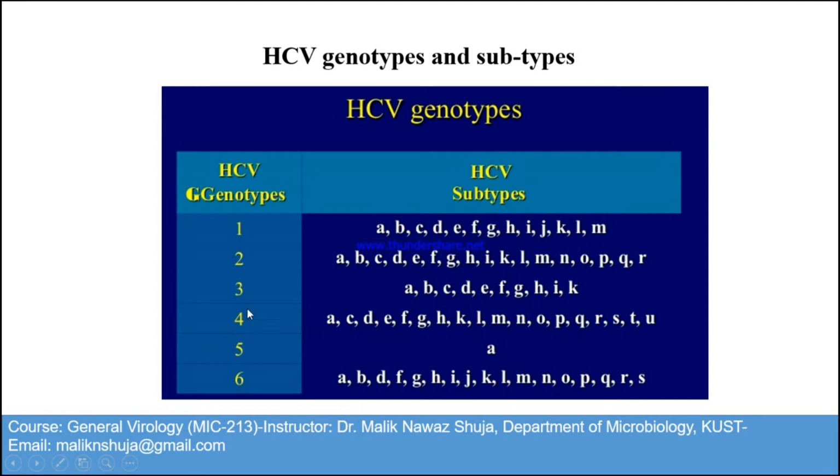Here the variation between genotypes 1 and 2 will be 30 to 35%, while variation between A and B of the same genotype will be 20 to 25%. Here we can see the subgenotypes of 2, of 3, of 4, and so on.